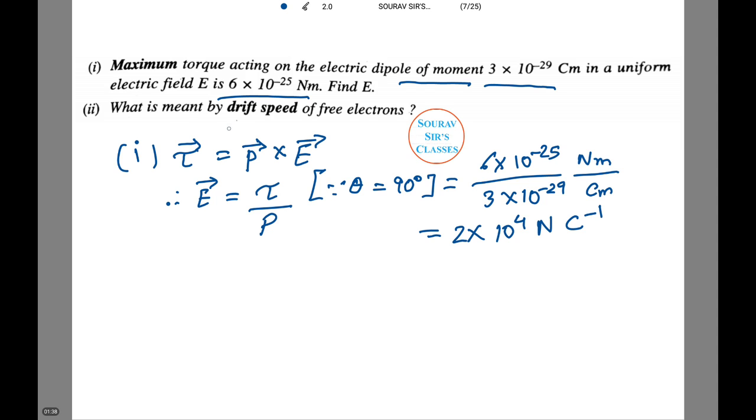In the second one, we need to see what is meant by drift speed of free electrons.